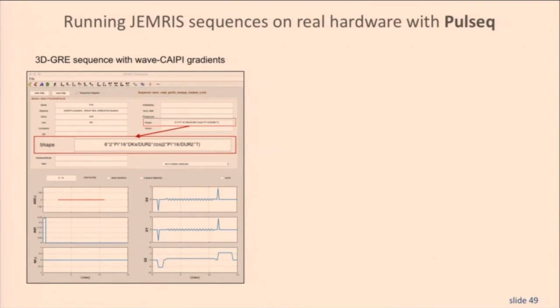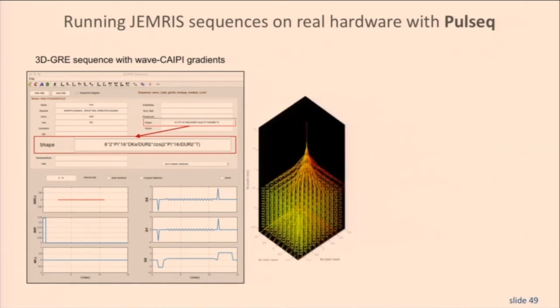It involves these sort of waves in the pulse sequence, as you can see in the bottom picture. In k-space, that looks like corkscrew trajectories, which improve signal to noise.